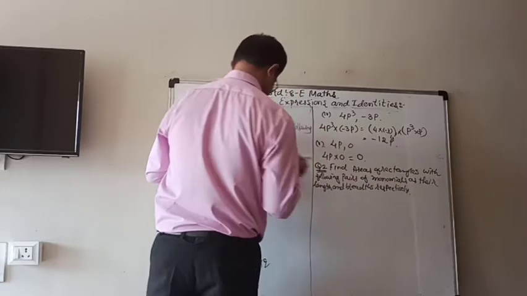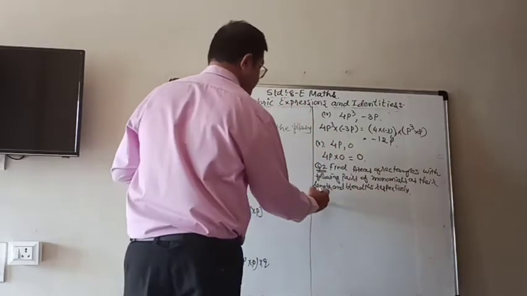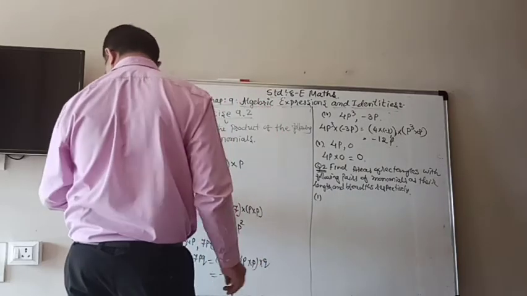So in each pair, the first will be the length, the second will be the breadth.